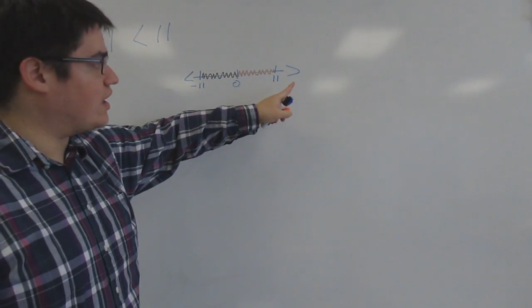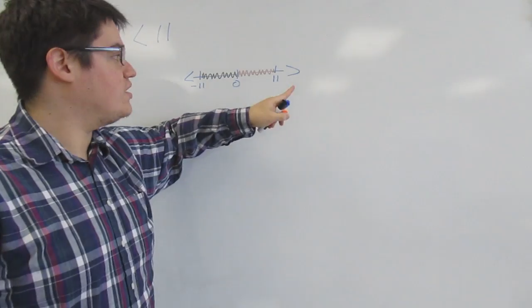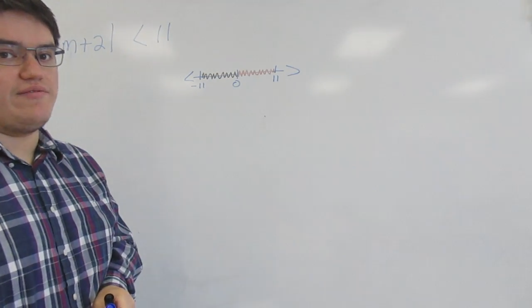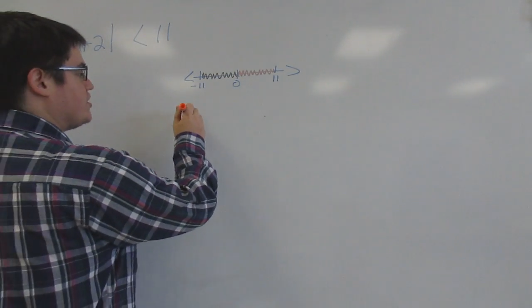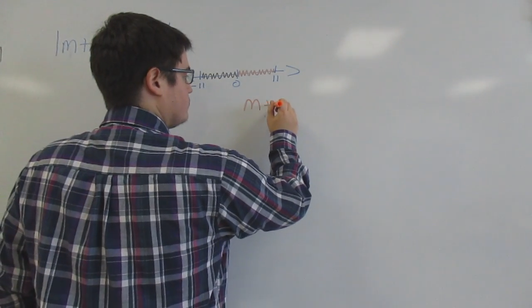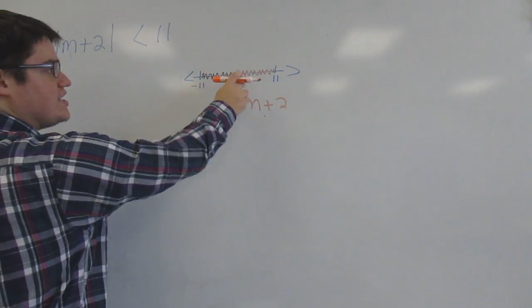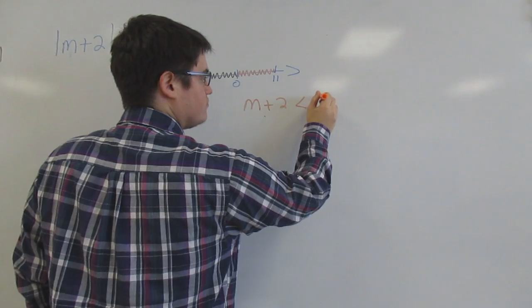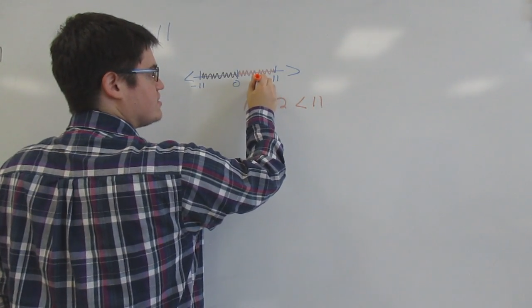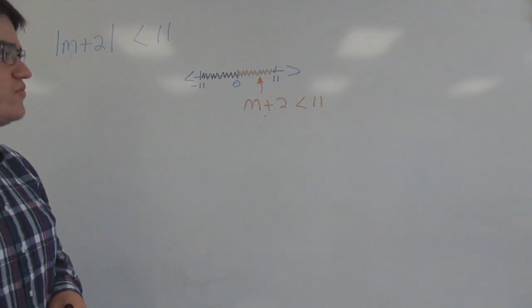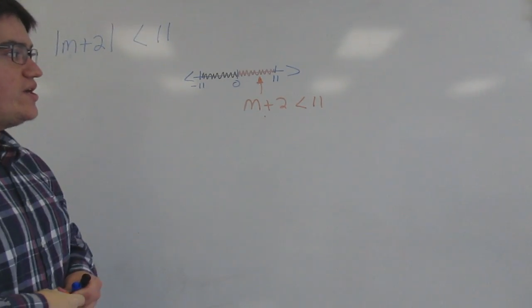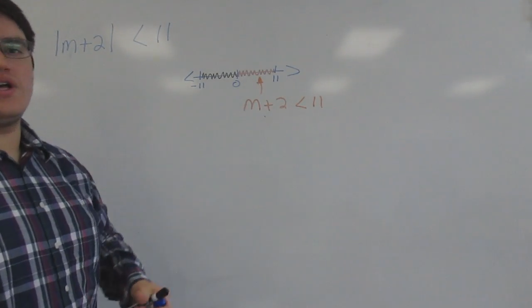If we're greater than 11, it'd be way out here. So we're looking at things that are less than 11. So I have m plus 2 has to be less than 11. That's what's going to be in this orange distance there. So whatever our m value is has to be less than 11.